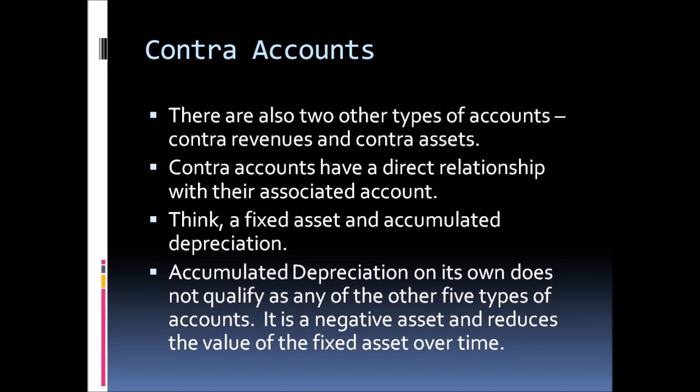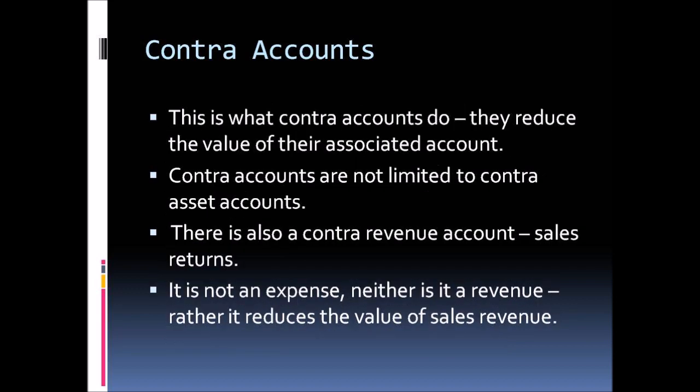One really good example of this is fixed assets and accumulated depreciation. Accumulated depreciation on its own does not qualify as any of the other 5 types of accounts. It is a negative asset and reduces the value of the fixed asset over time. This is what contra accounts do. They reduce the value of their associated account.